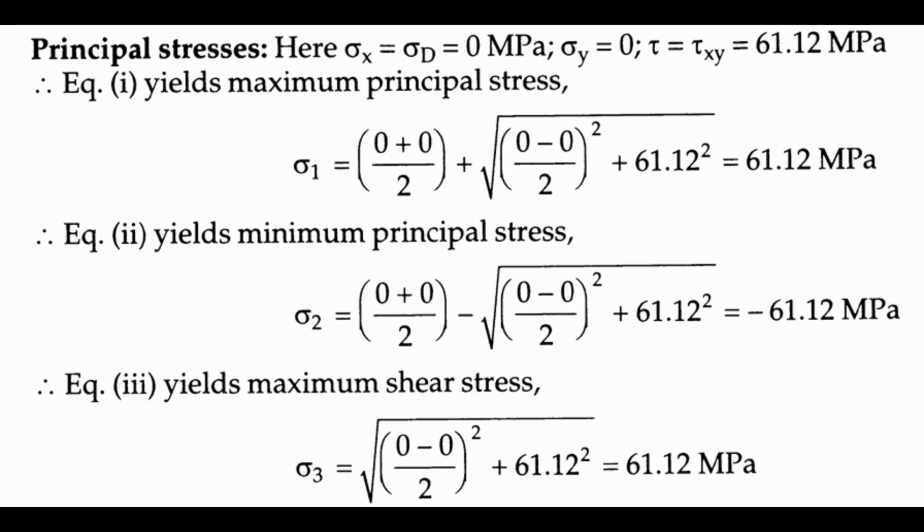So tau equals tau xy equals 61.12, and all other terms are 0. So you just have to use the same equation to find the maximum and minimum principal stress and maximum shear stress. We got 61.12 megapascal in magnitude. So these are the three cases, and how to solve them and find the stresses and maximum shear stress.